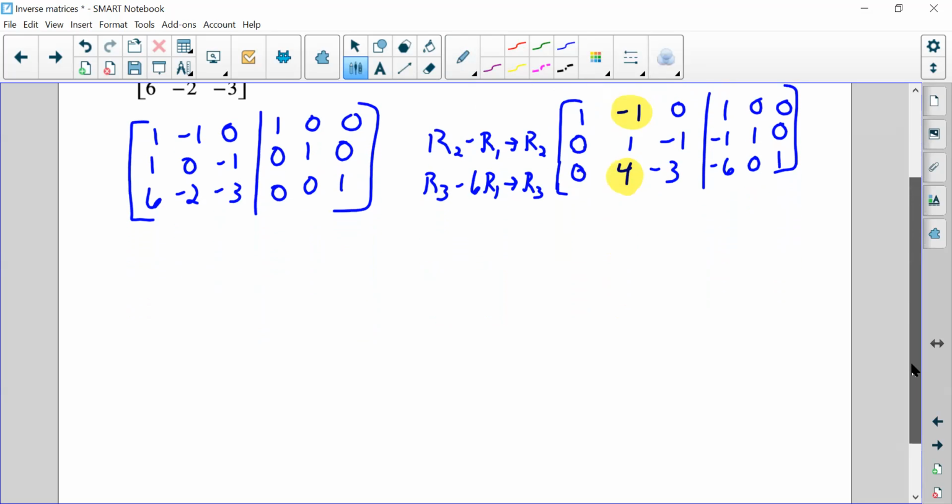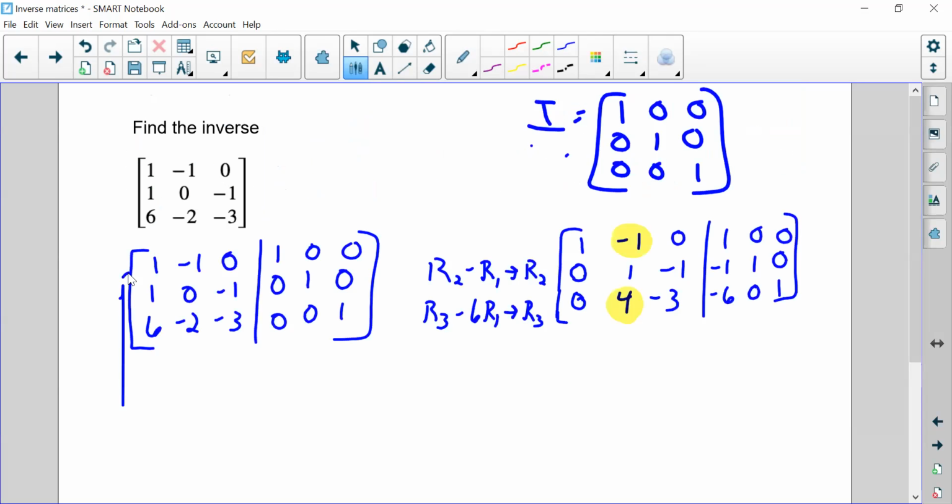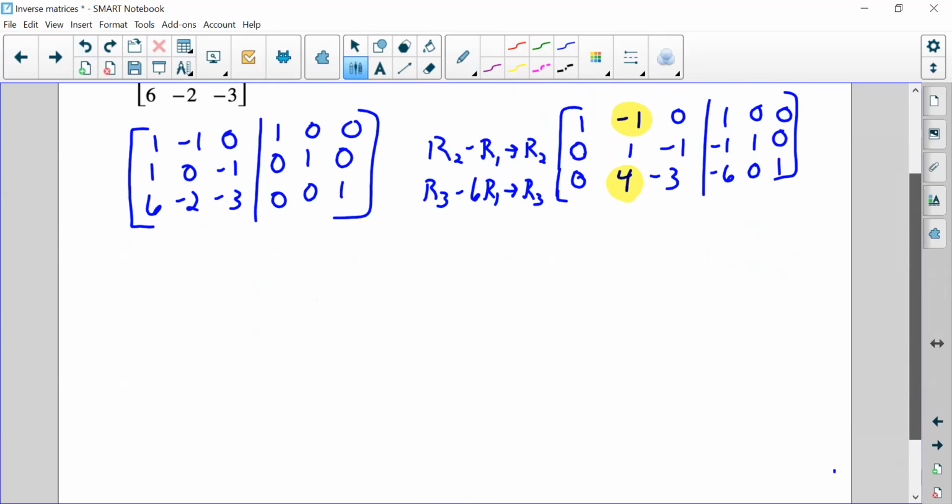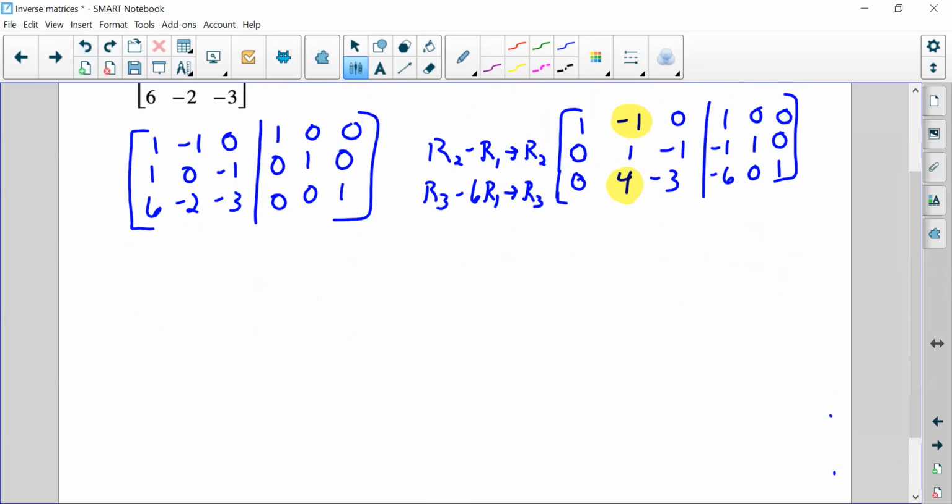In order to get my row 1 fixed, I decided to go with row 2 plus row 1, and that'll give me my new row 1.